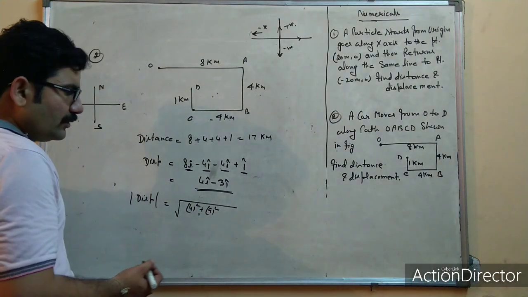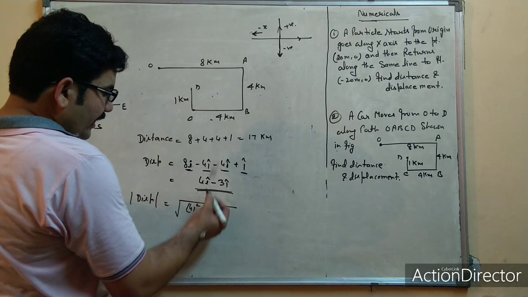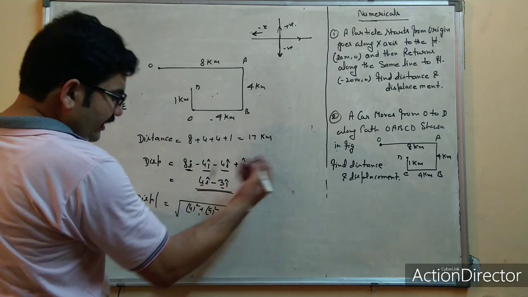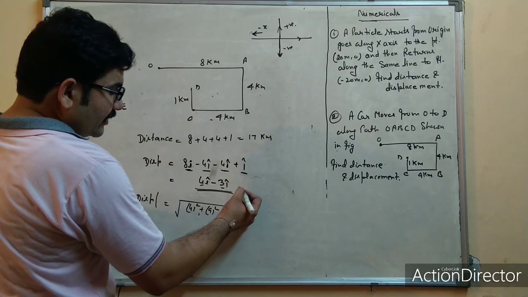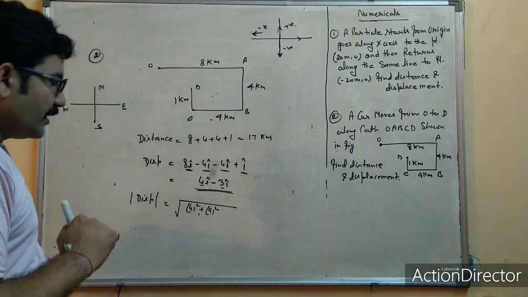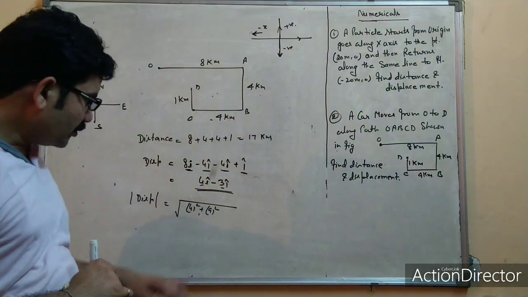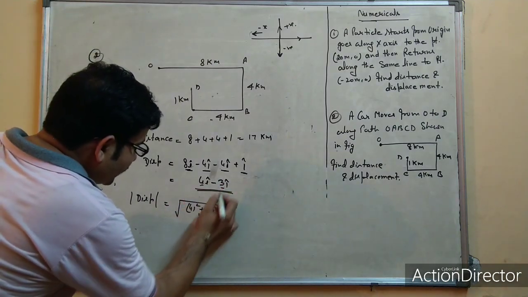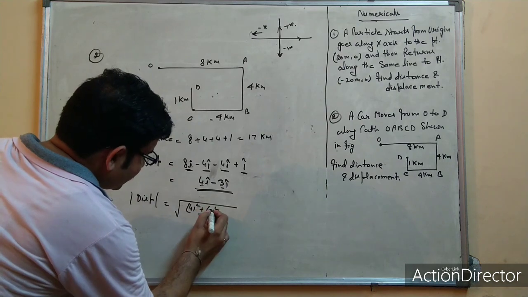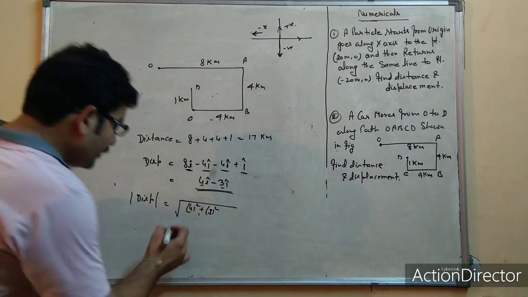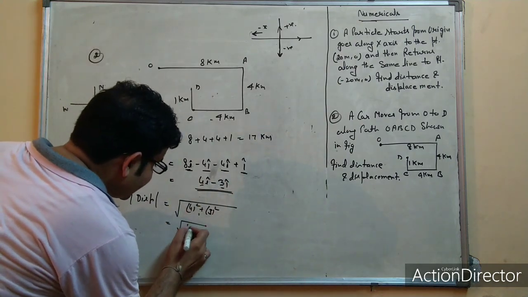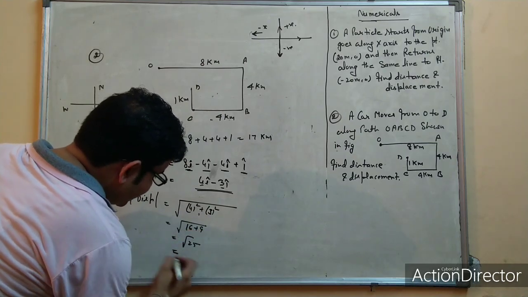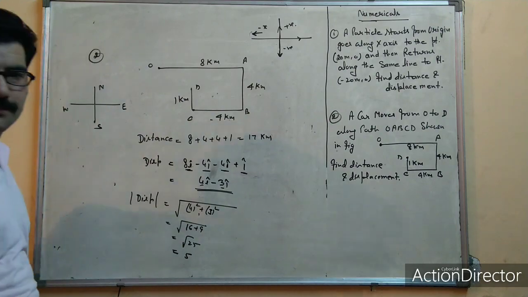How is the magnitude found? This is a vector where the i coefficient is x and the j coefficient is y, and if there is a third component it will be k. At that time you are in a plane, so you have to take x square and y square. So 4 square and 3 square: 16 plus 9 is 25, and the square root of 25 is 5.